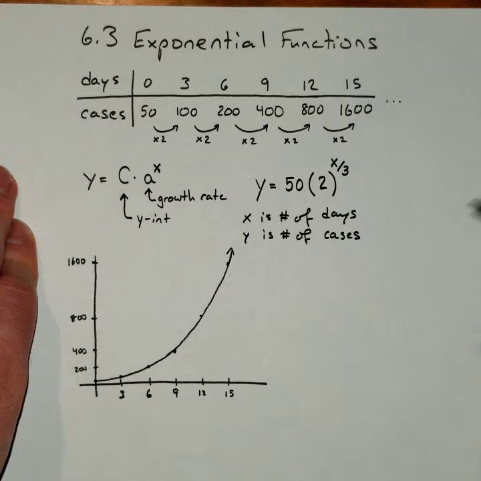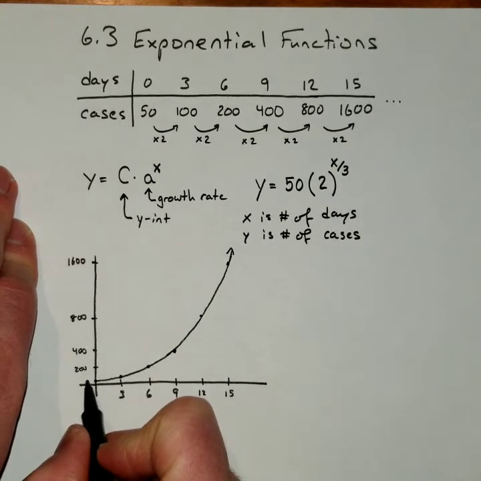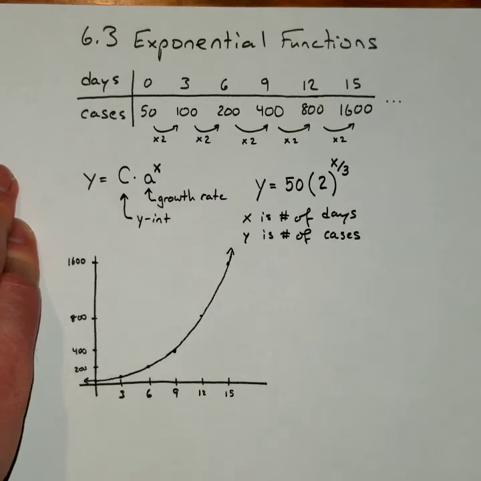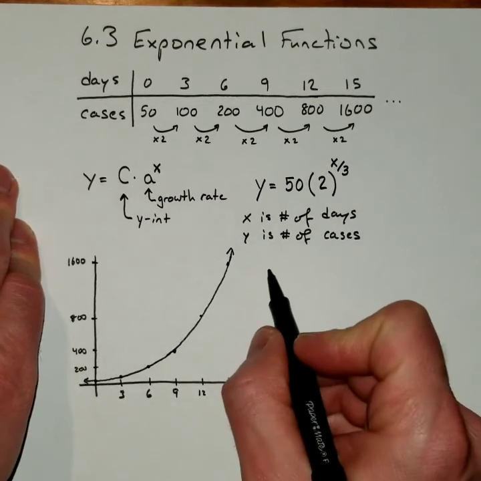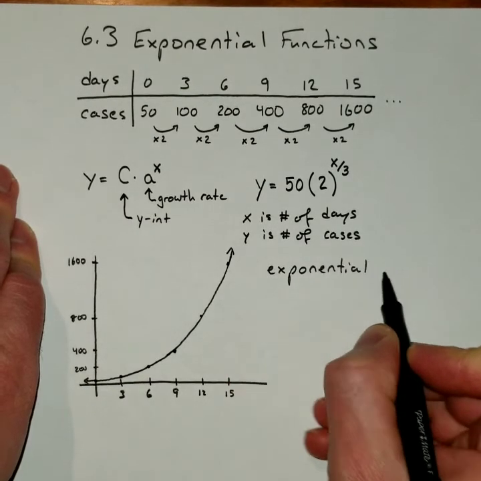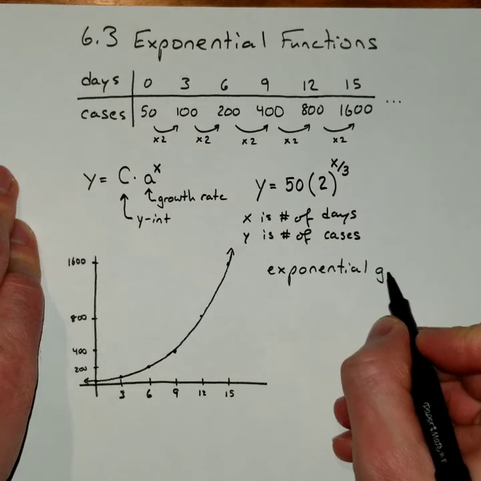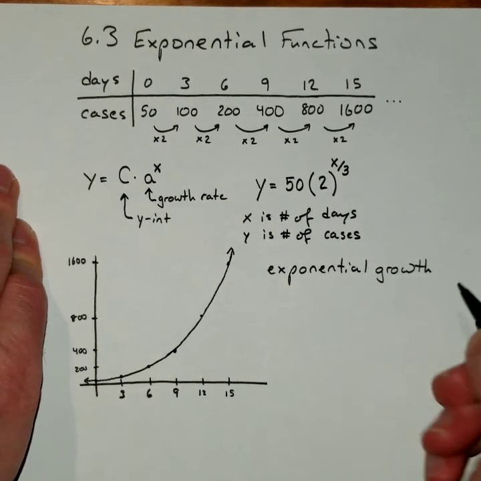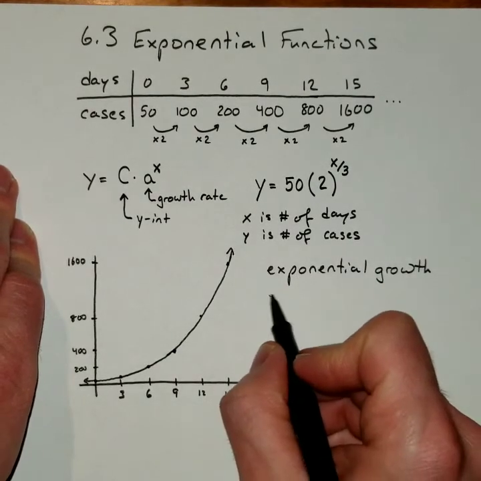It's not vertical, but it's flying. Okay. This type of curve that's shooting up like this is called exponential growth, because it is always increasing.